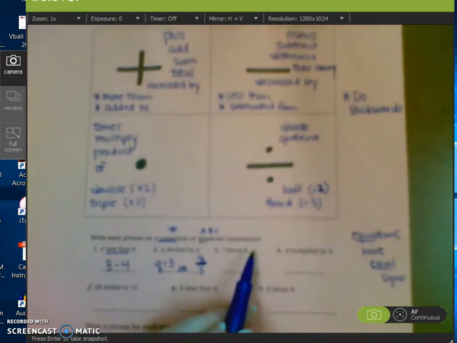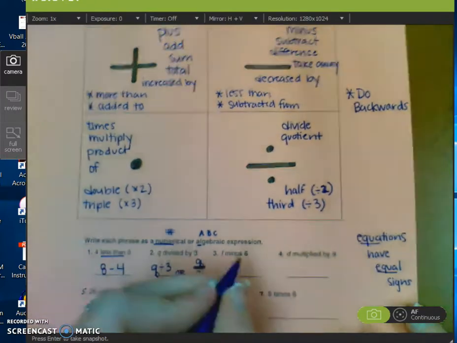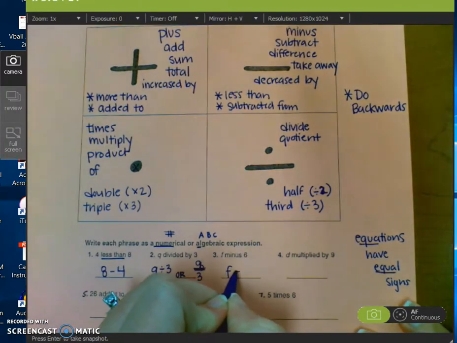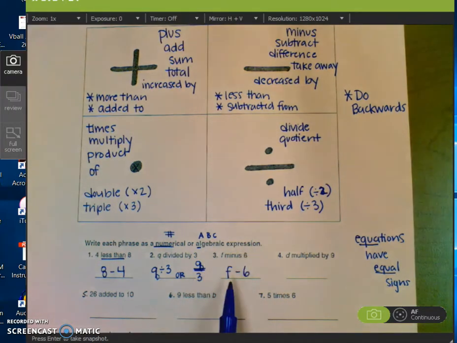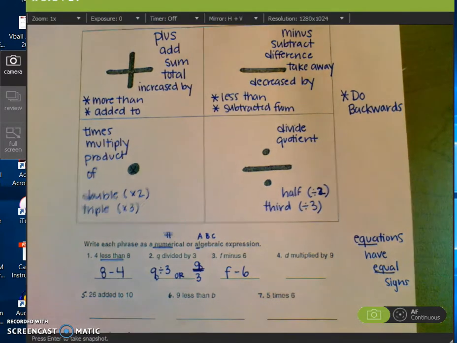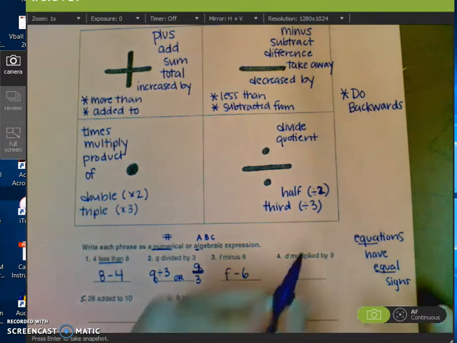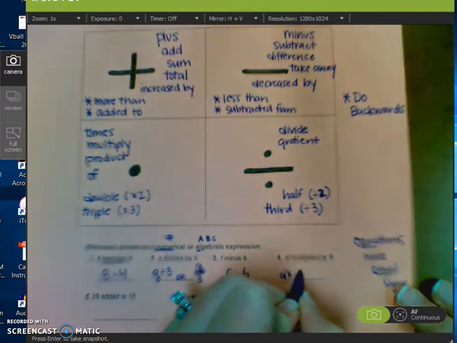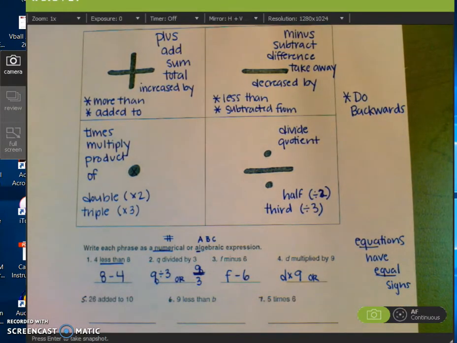F minus 6. Minus is one of those subtraction words. It's not starred, so we don't do it backwards. I'm just going to put F first, my subtraction sign, and 6. That is an algebraic expression because it has an alphabet letter, F minus 6. And D multiplied by 9. Multiplied or multiplied by is a times word. So I could say D times 9. Or, here's our new fancy way of writing it as big 6th graders.